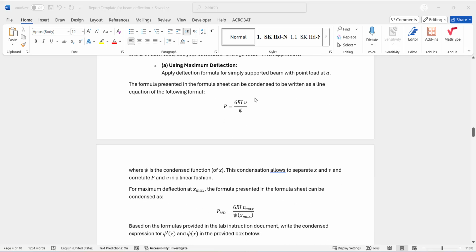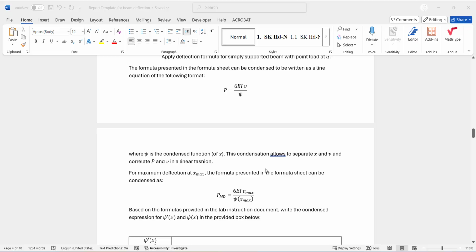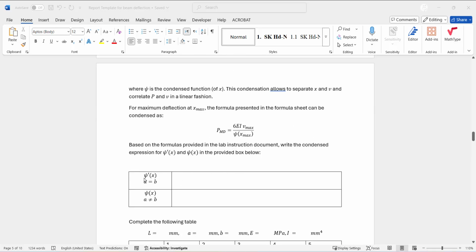To separate the deflection and the position, we have produced a condensed function. Psi can be called the shape function. Refer to the formula book to find out how psi can be defined in terms of symmetric loading and asymmetric loading.